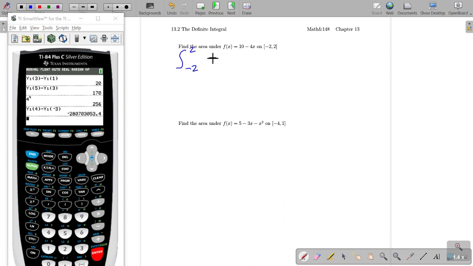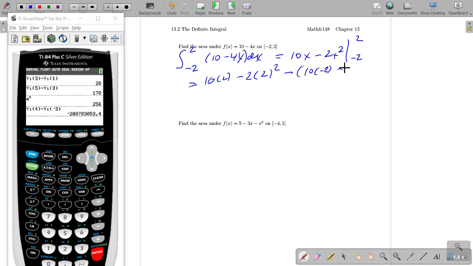The integral from -2 to 2 of 10 minus 4x dx, which is 10x minus 2x squared evaluated from -2 to 2, which equals 10 times 2 minus 2 squared, minus 10 times -2 minus 2 squared, which is 20 minus 8 minus -20, and then this would also be minus 8.